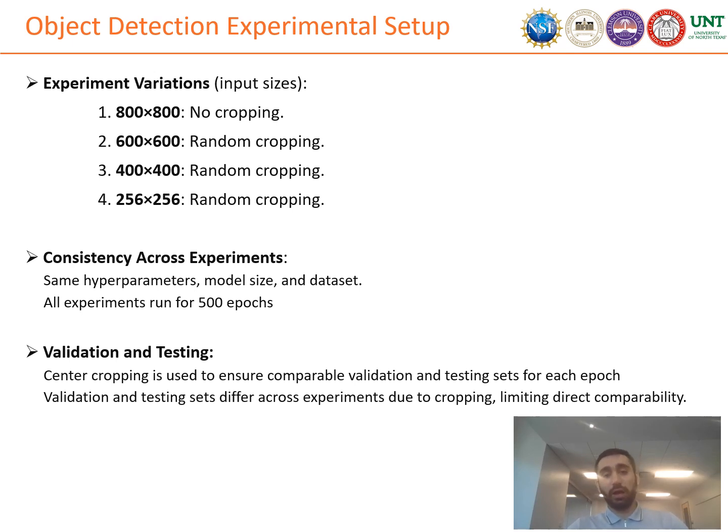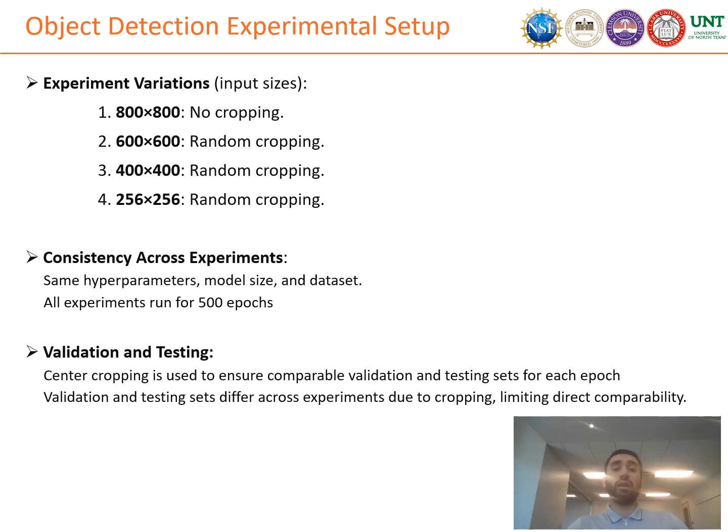We used 800 by 800 images, that is the original size, therefore there is no cropping applied. Next, we had 600 by 600, then 400 by 400, and all the way down to 256 by 256. These images were randomly cropped to create different variations during the training dataset augmentation.